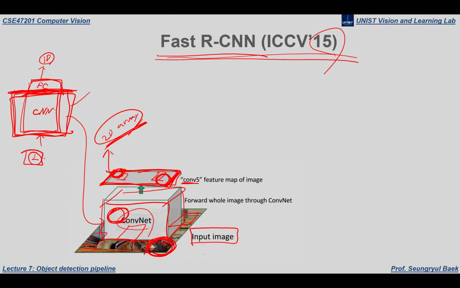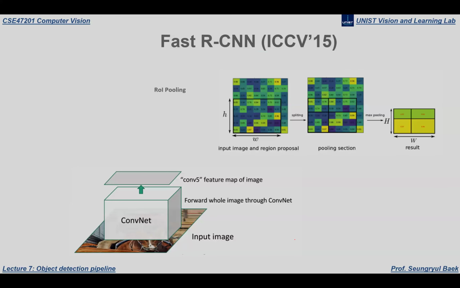The later part we still have to apply for the number of bounding boxes, but we are greatly reducing the time complexity.